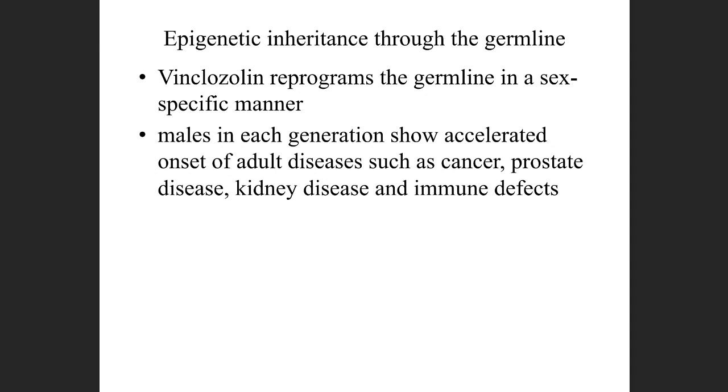and heritable sex-specific traits. So males show accelerated onset of adult diseases such as cancer, prostate disease, kidney disease, and I think both males and females show changes in neophilia, neophobia.